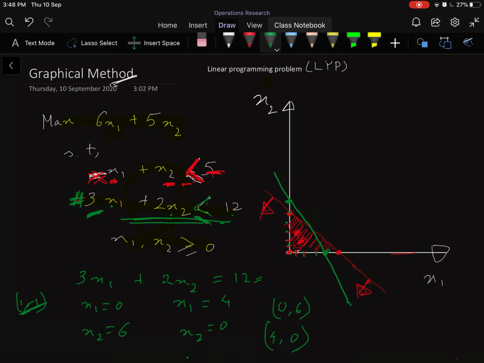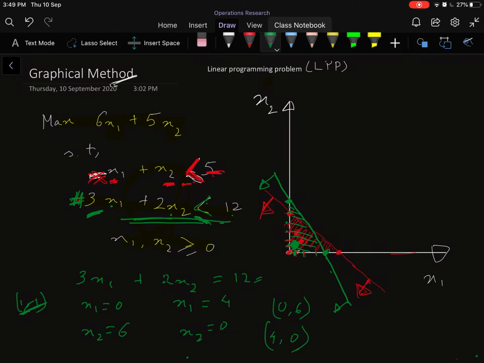And on which side of this line does this point 1,1 lie? See, 1, 1. Okay, so this point is lying here, and this point is lying once again on this side of the line. That's why what we would do is that we would once again consider this region.